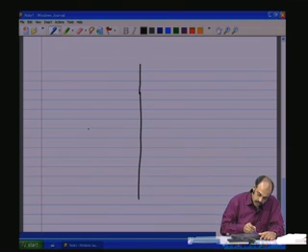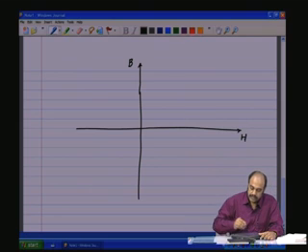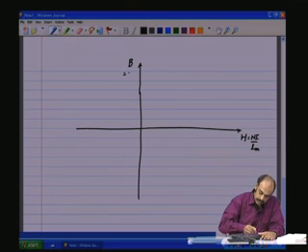So, we have this BH loop plotted onto orthogonal axis, the vertical axis being the B, the horizontal axis being the H. This is NI by Lm. NI is the MMF, the motive force, and the flux, this is flux per unit area.